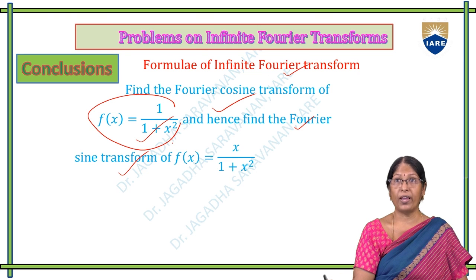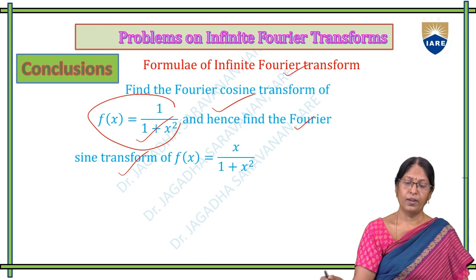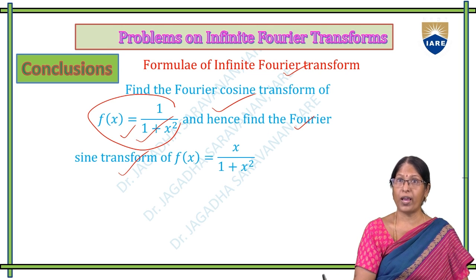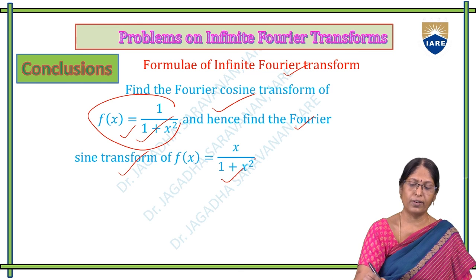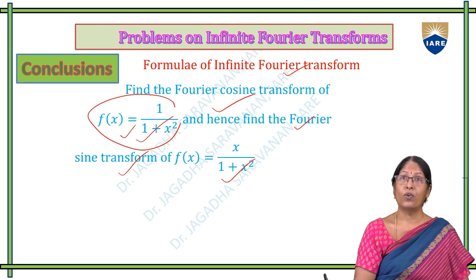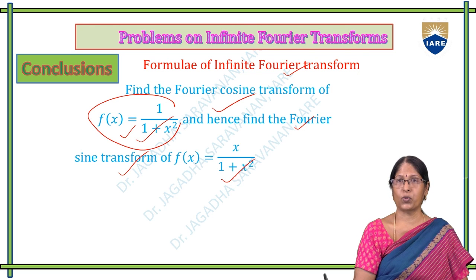Instead of applying the Fourier sine transform formula from the first formula, what is the result we obtained, from which with some simplifications and substitutions, we obtained the Fourier sine transform for the function f of x equal to x by 1 plus x square.